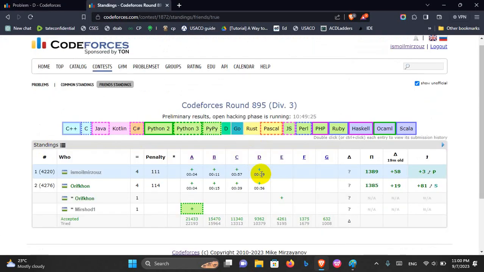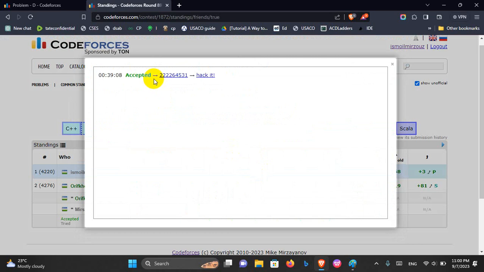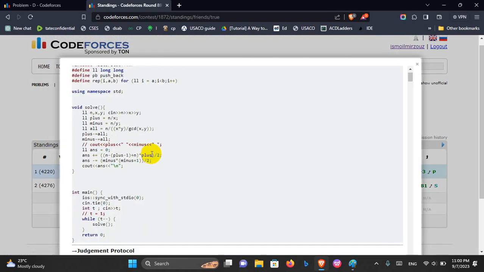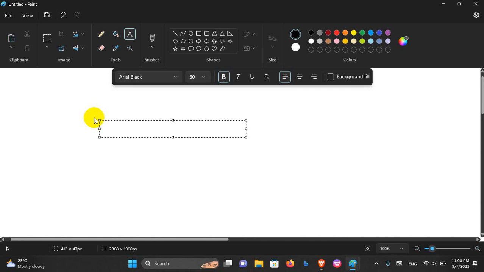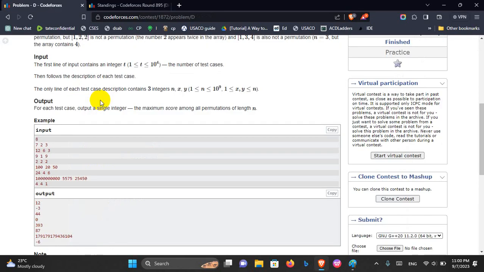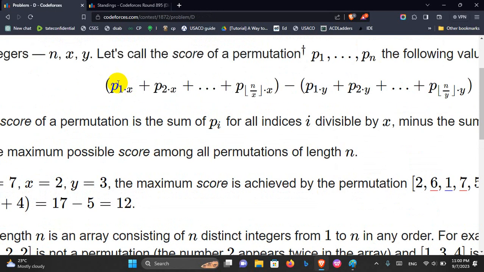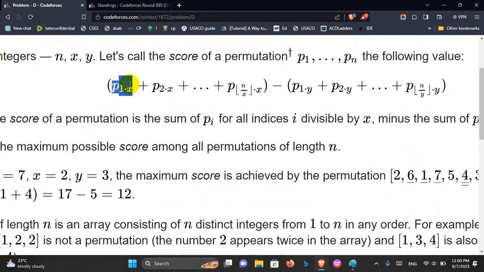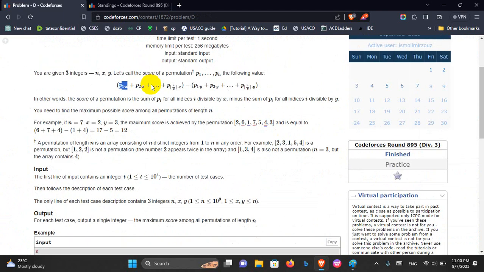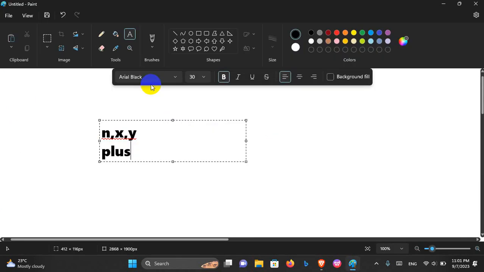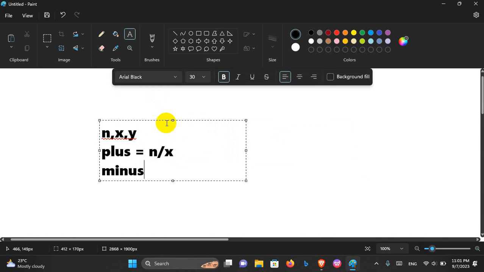So here, as you can see, I made some kind of stations. At first, we know that we have an x and y, explained in the problem statement. When I say plus, I mean the number of elements in the first expression. The number of pluses is n divided by x, and for minus it is the same, n divided by y.